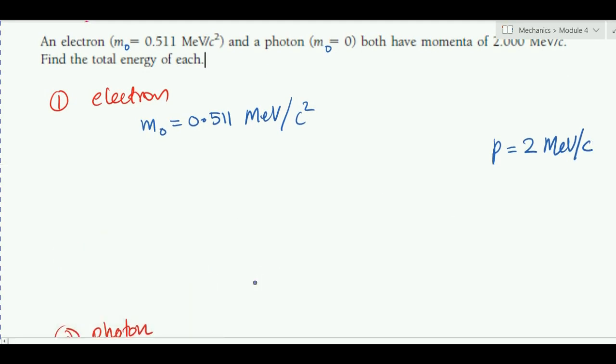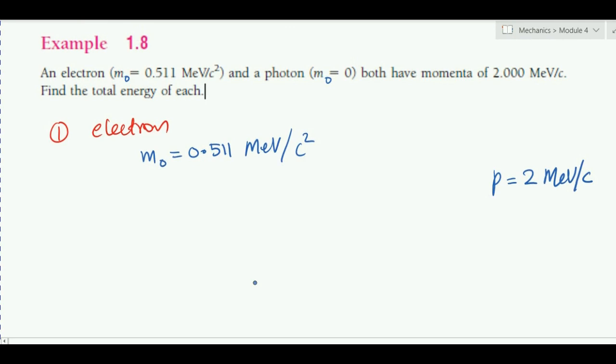Okay, so we have an equation that relates total energy, momentum, and rest energy, right? What is the relation? E total square equals p square c square plus m0 square c power 4. Or you can write E equal to the square root of this.